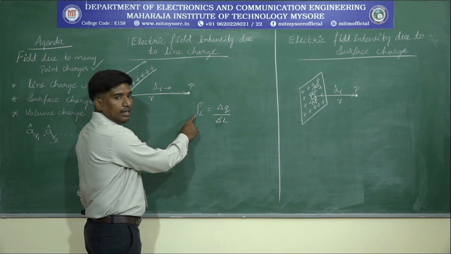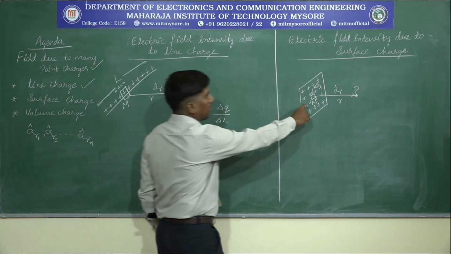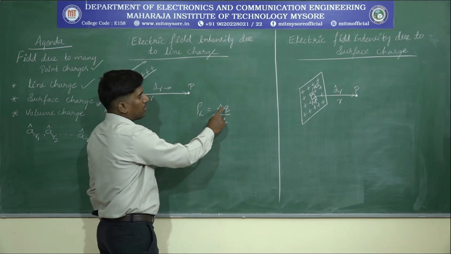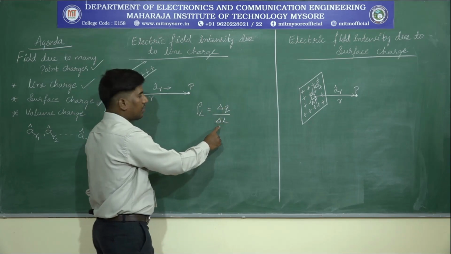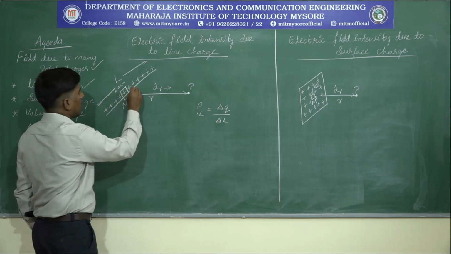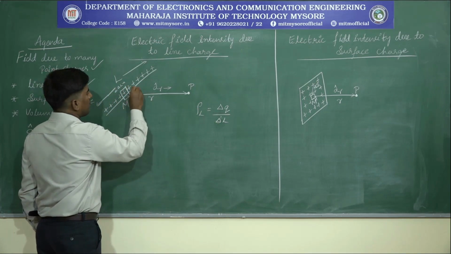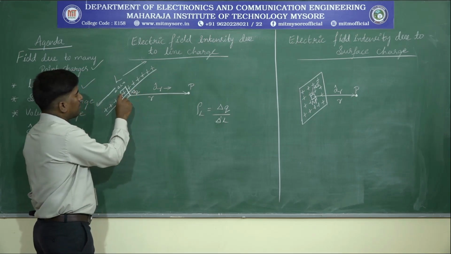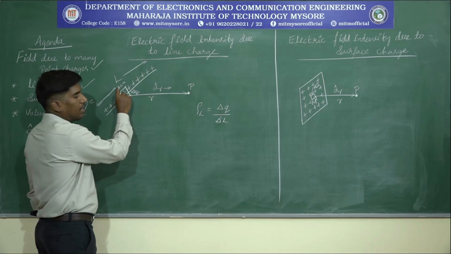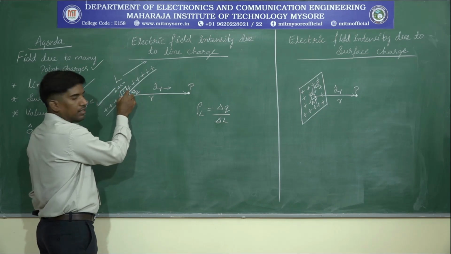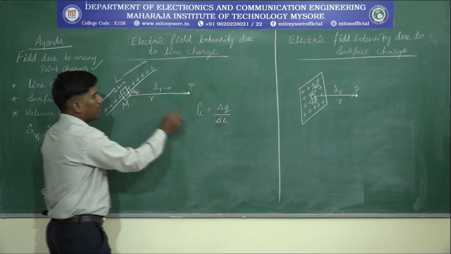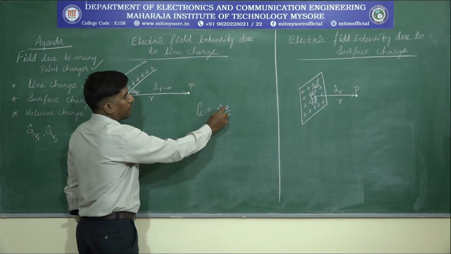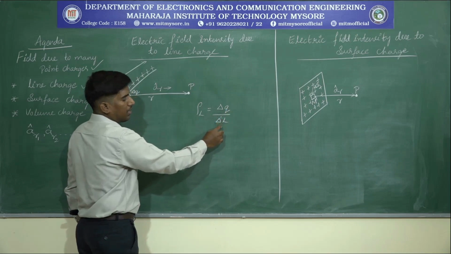Here the electric line density is equal to charge per unit length. This is the charge at this point delta L. Delta Q is the elementary charge present in this particular length delta L. Therefore the density of charges is given by electric charge per unit length.